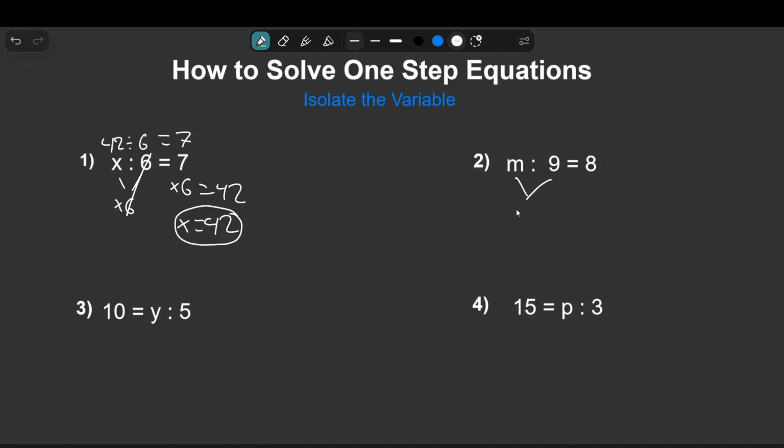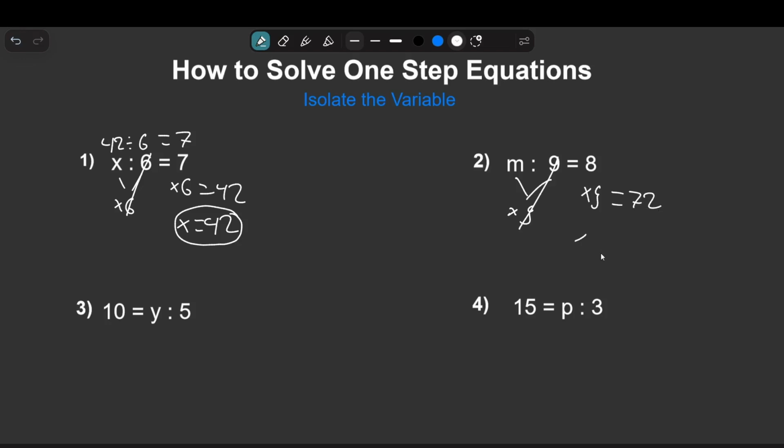So we are going to multiply m divided by 9 times 9. This cancels each other out because we are dividing by 9 and multiplying by 9. Now, because we have done it on this side, we have to do it on this side, times 9. So 8 times 9 equals 72.